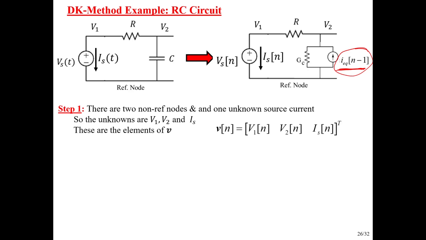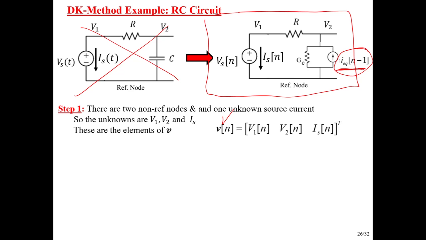So 2 non-reference nodes and 1 unknown source current. So that tells me my V of n. Remember, I'm not worrying about the derivatives of the capacitor voltage in my V. Nope. That's gone. Even though this is discrete time, I'm going to write my MNA just as if it's a regular old circuit.